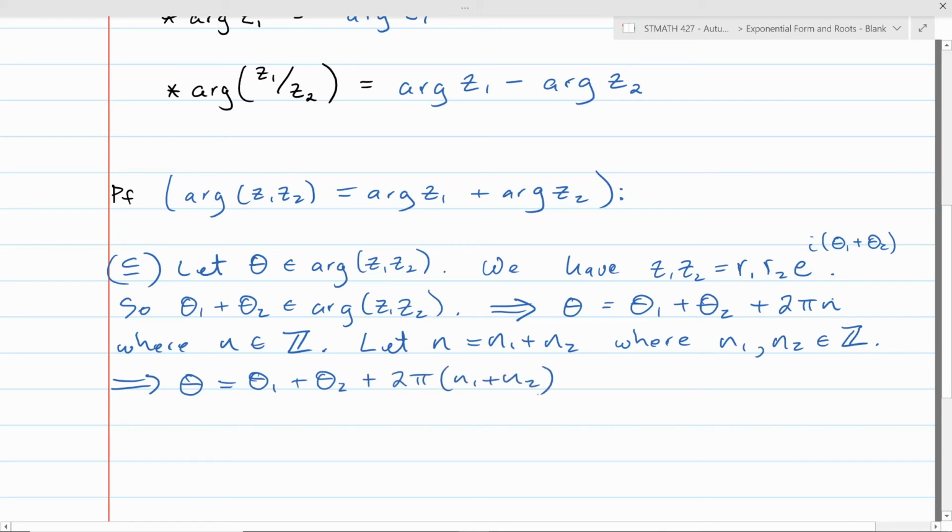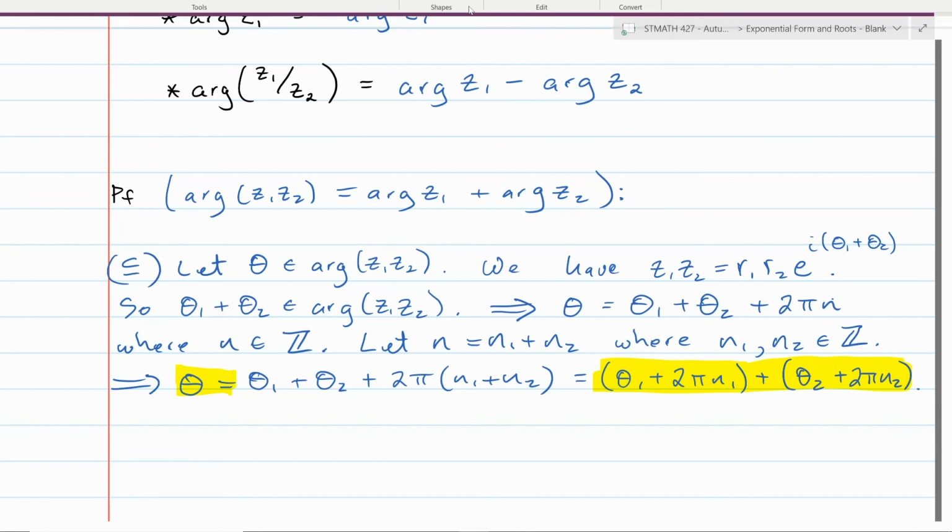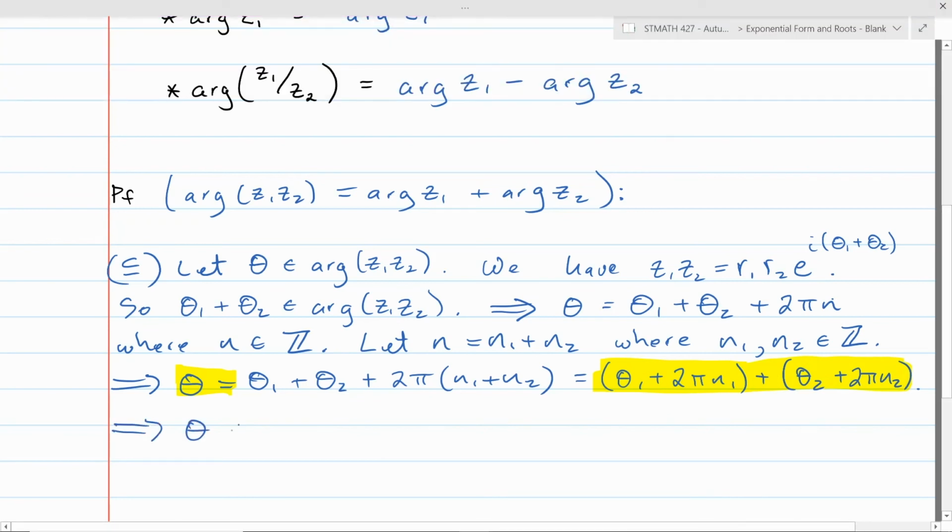So what I could do is just distribute the 2 pi over the n1 plus n2, and then group things slightly differently so that I'd have theta 1 plus 2 pi n1, plus theta 2 plus 2 pi n2. If you look at what theta is equal to here, theta is equal to theta 1, which is an argument of z1, plus a multiple of 2 pi, and then theta 2 plus a multiple of 2 pi. So this is telling me right here that theta is in the set of arguments of z1 plus the arguments of z2.